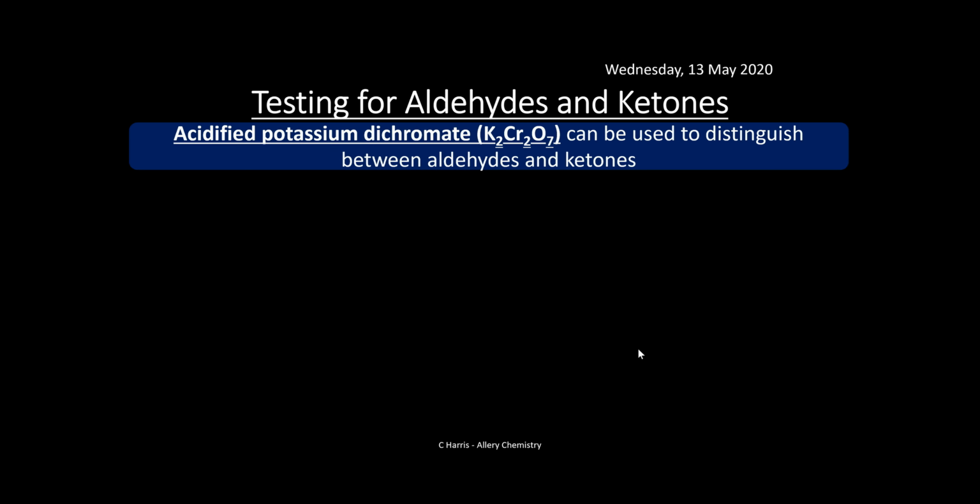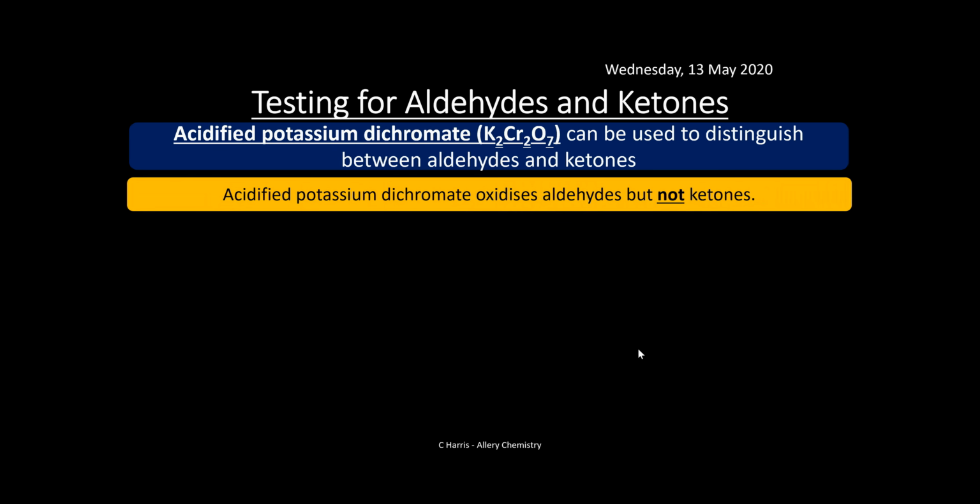But we're going to use acidified potassium dichromate here, and it can be used to distinguish between aldehydes and ketones. Fundamentally, it oxidizes aldehydes, but it does not oxidize ketones, because ketones can't be oxidized.